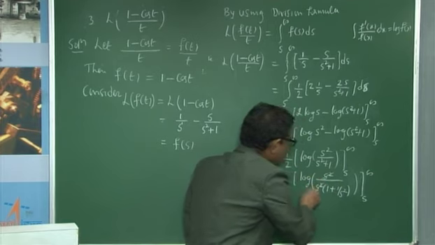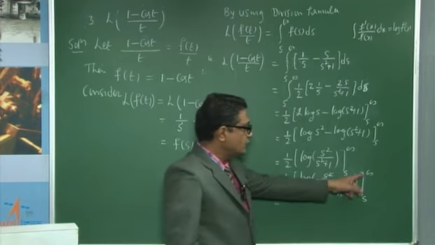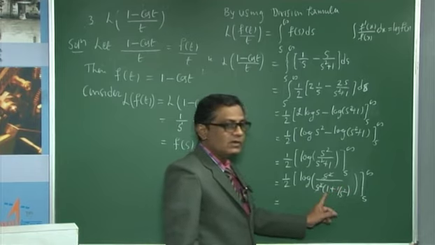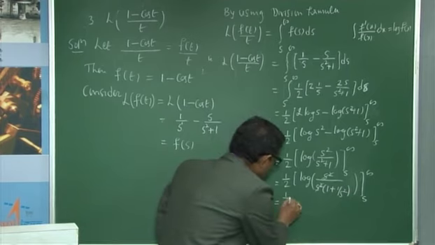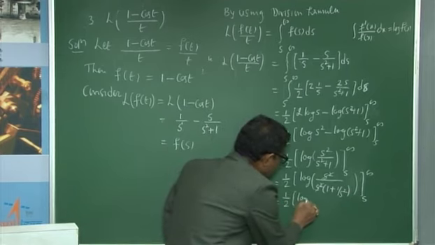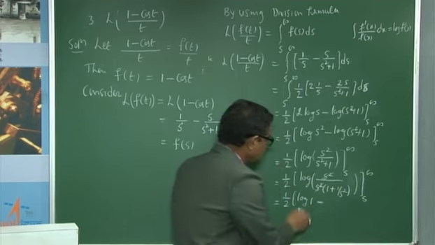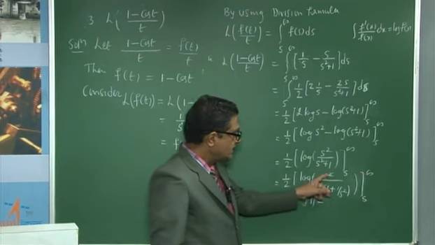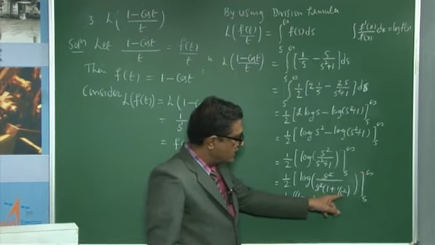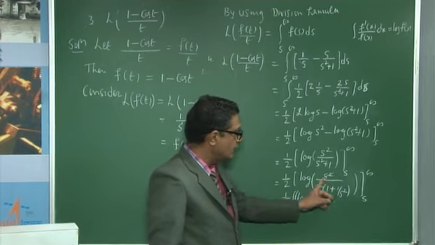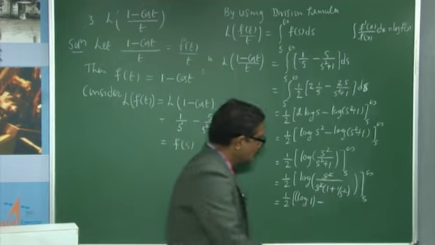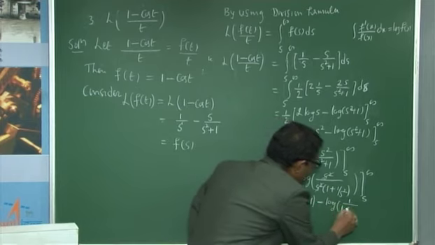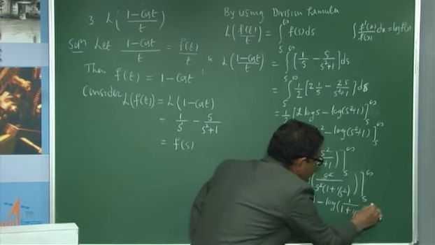Now, this s square will get cancelled, and if you substitute the upper limit, what happens? 1 by infinity is 0, 1 plus 0 is 1, it is 1 by 2 log 1 minus the lower limit s as it is, log of 1 divided by 1 plus 1 by s square.